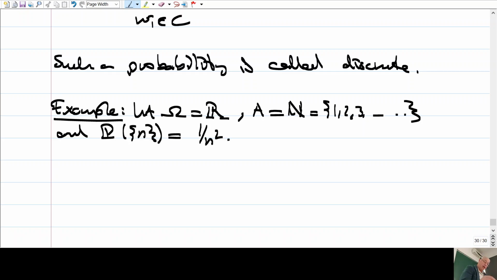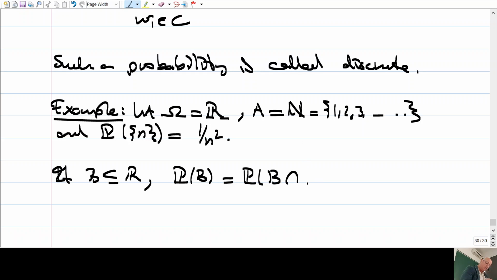Whenever you have a subset, let's say B is a subset of R, then the measure of B will be just the measure of B intersected with the set of positive integers. You look at the positive integers contained in B, and you just compute 1 over n squared and add them up.